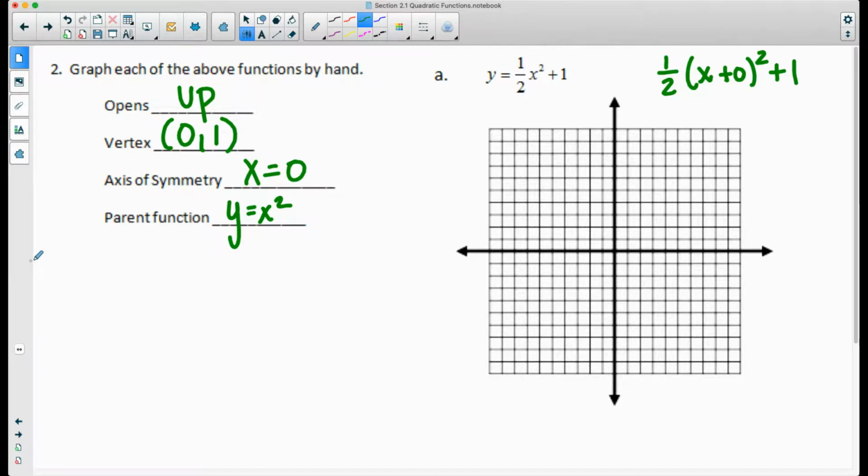So if our vertex is at 0, 1, that's not right. That's 1, 0. No, 0, 1. Good morning.